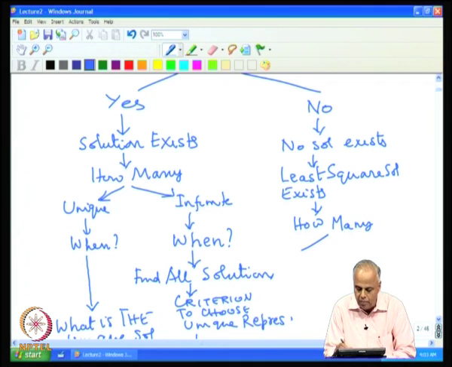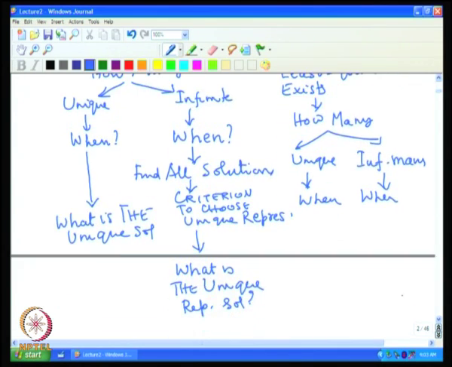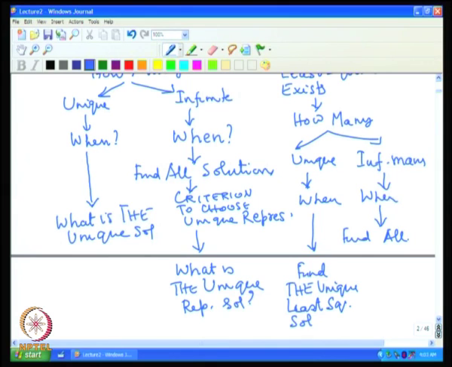Again we encounter the same situation as before, unique and infinitely many. Again, when is it unique, when is it infinitely many? Then once we have the answer to these questions, we want to find the unique least square solution. And when it is infinitely many and we know when it is, we want to find all the least square solutions.